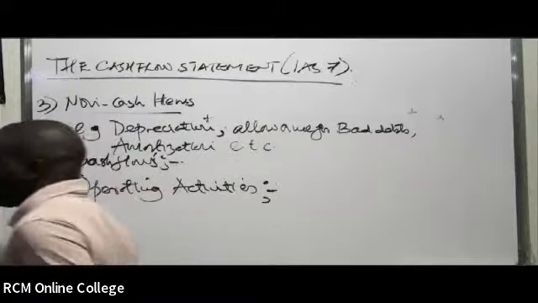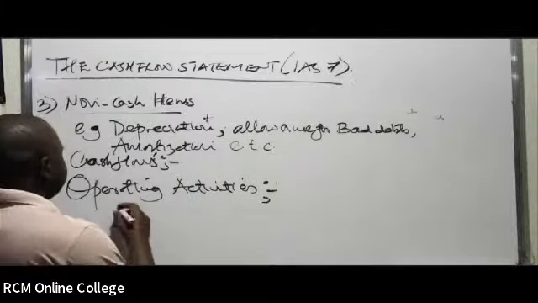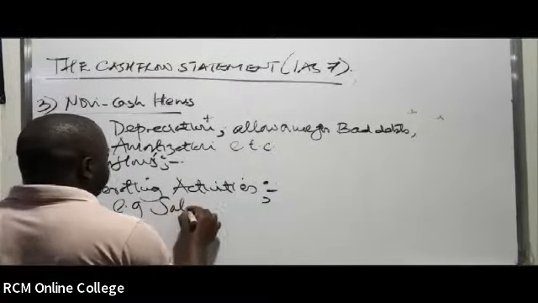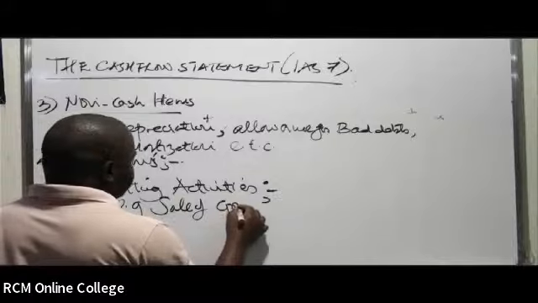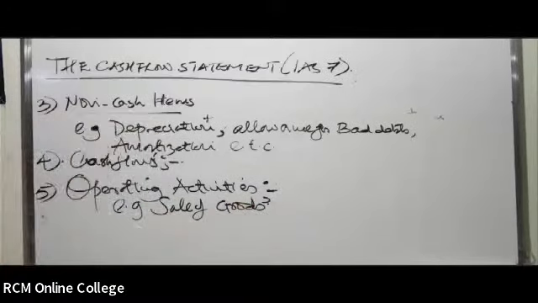So here we're talking about items in the income statement. These are revenue generating activities of an enterprise, for example, the sale of goods.